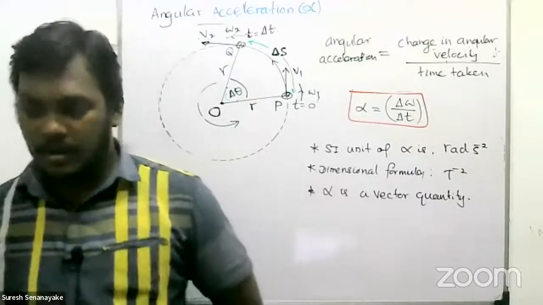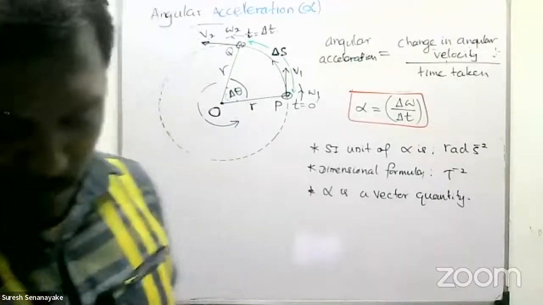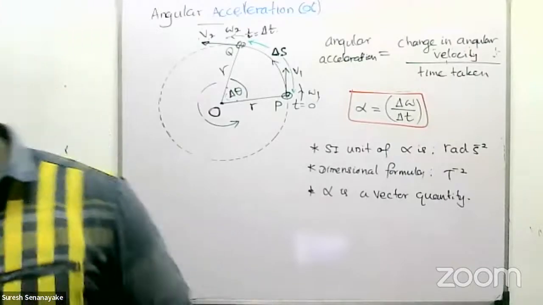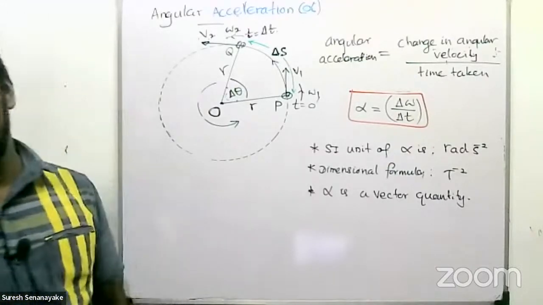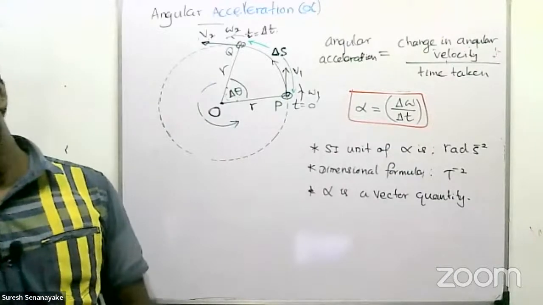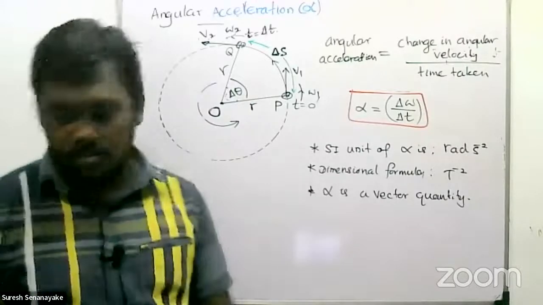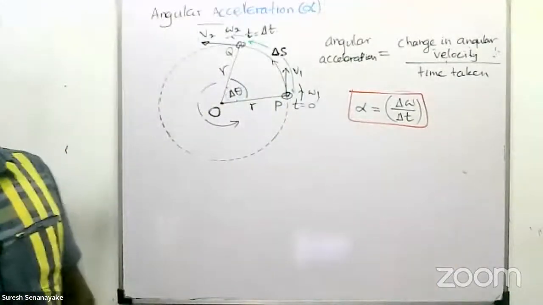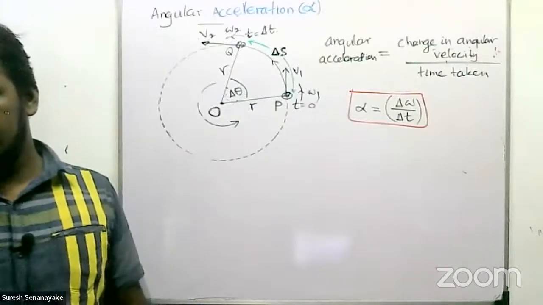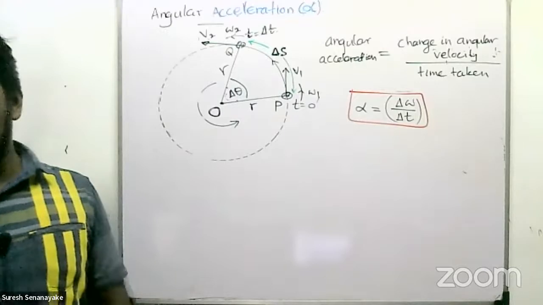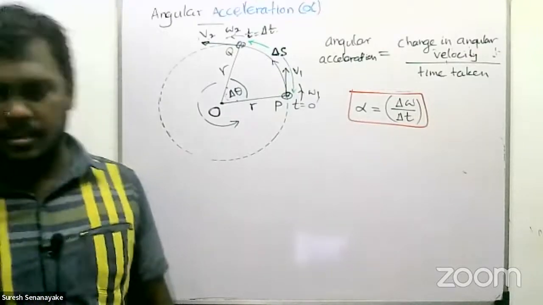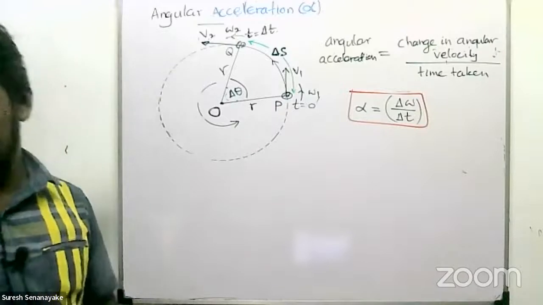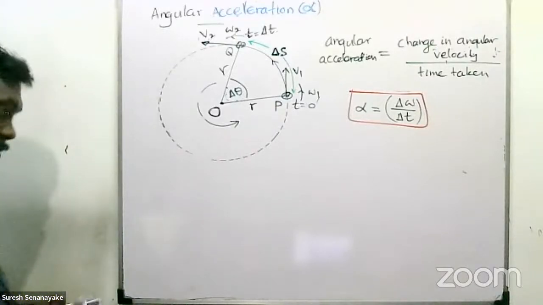If only the magnitude of the angular velocity changes without changing the rotating plane, then the direction of the angular acceleration is along the direction of the angular velocity.